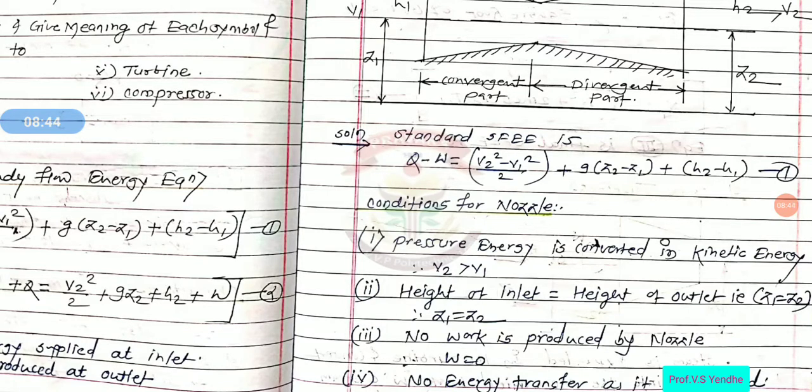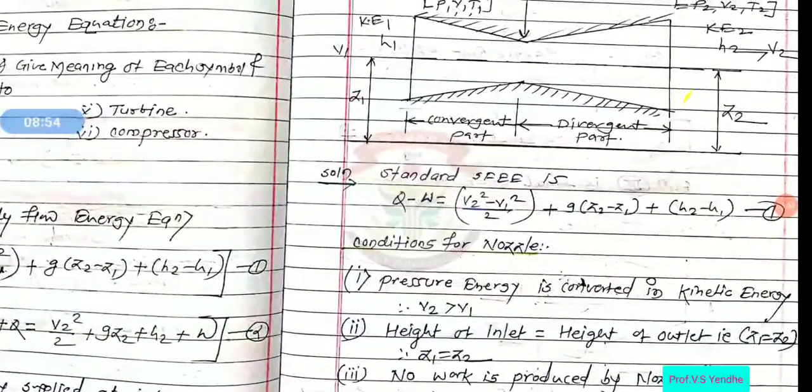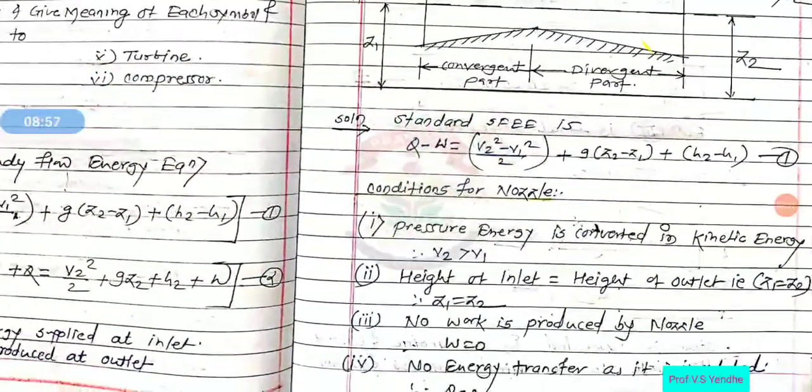Then the height of the inlet is equal to the height of the outlet from the datum, that means Z1 is equal to Z2. That can already be seen in the diagram. Then, as there are no rotating parts in a nozzle, no work is produced.